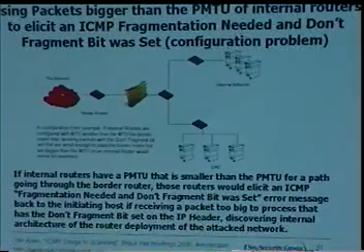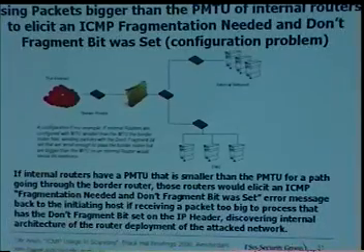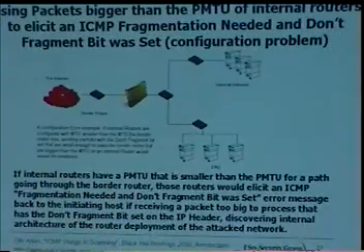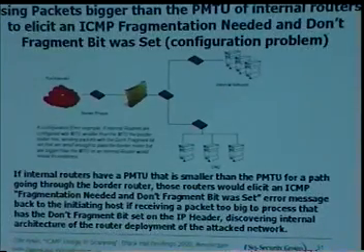This usually does not happen. You don't see that, but if you set your MTU to a value which is less than your border router, then someone can just send those datagrams inside and probe your internal routers.